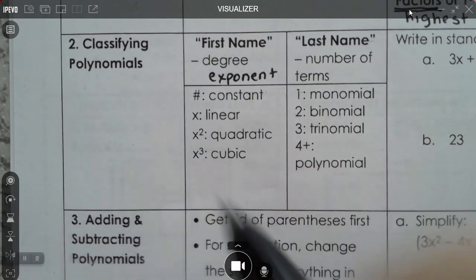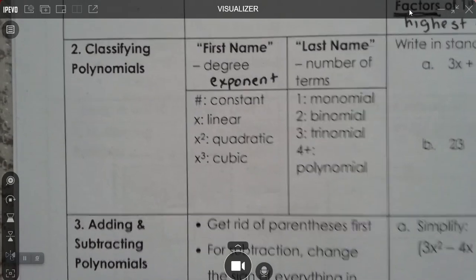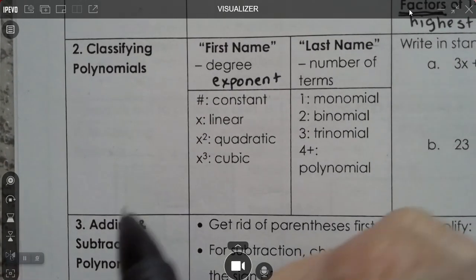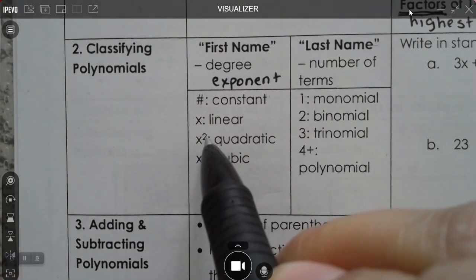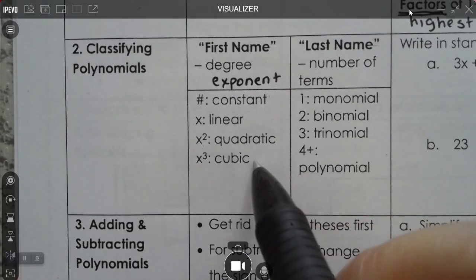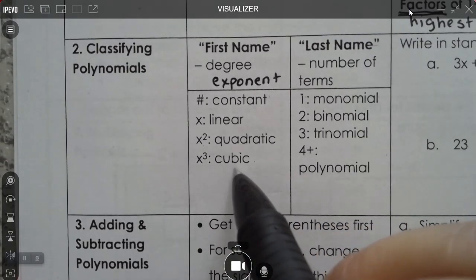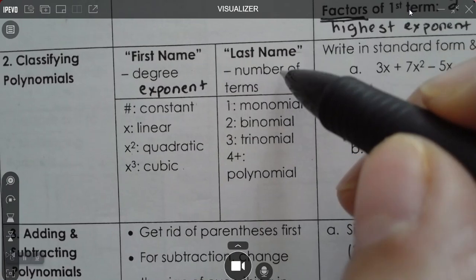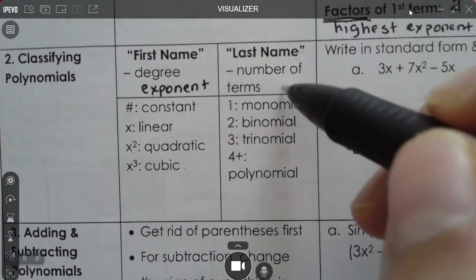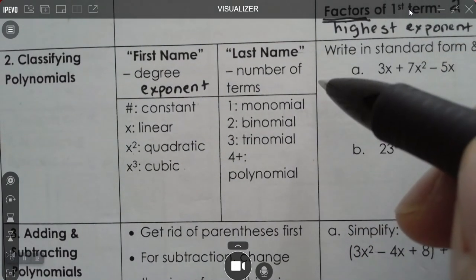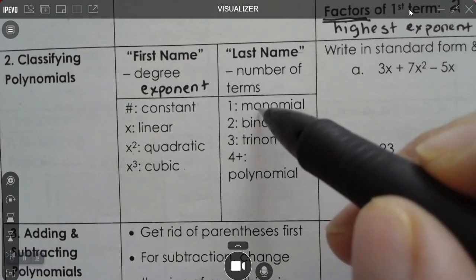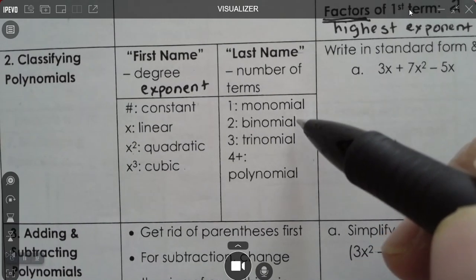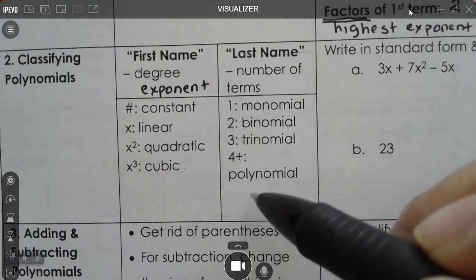And of course, it's not always going to be x, but in this case, we're looking at it as x. We have x squared, if it's an exponent of 2, quadratic, cubic, exponent of 3. And then the second part of the name, or the last name, comes from the number of terms. And so if you only have one term, you're a monomial, two, binomial, three, trinomial, and more, polynomial.